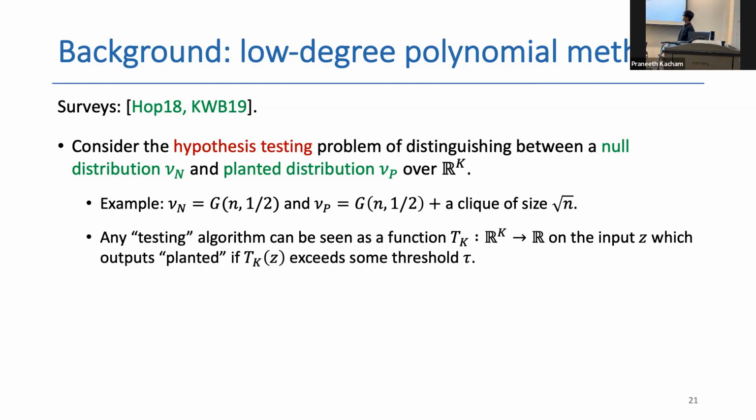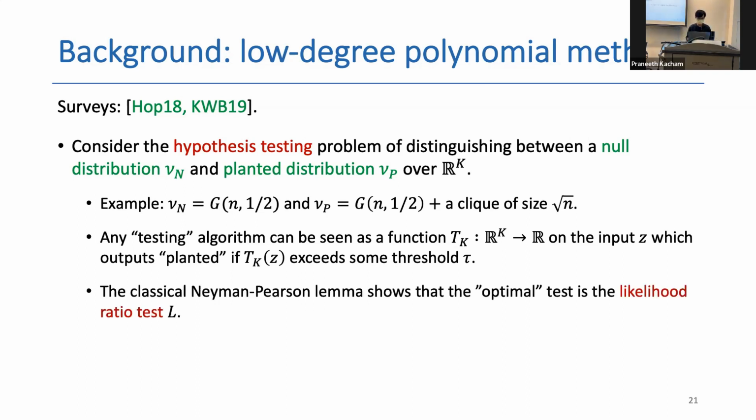We say that a testing algorithm is a function from R to the K to R, and on input Z it outputs planted if T_K(Z) exceeds some threshold tau. There's a classical lemma from Neyman-Pearson which shows that the optimal test is the likelihood ratio test.